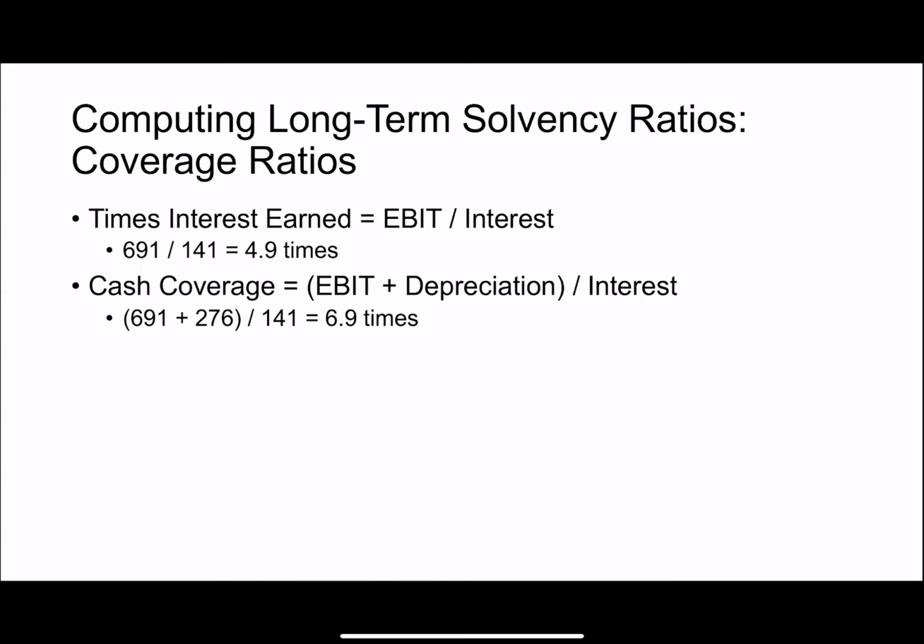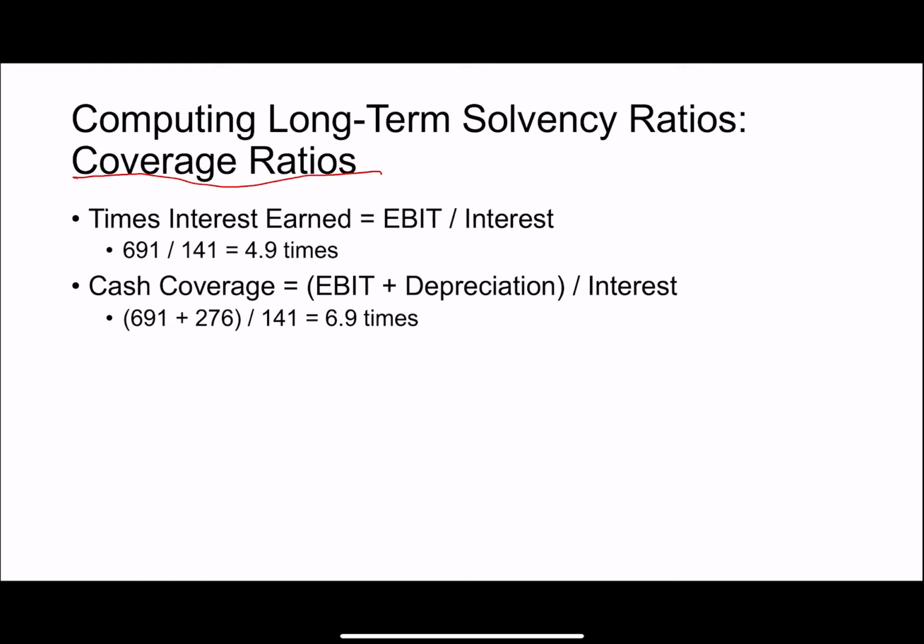That's the second part of solvency ratios, which is called coverage ratios. The coverage ratios just look at your overall earnings relative to your interest expenses.